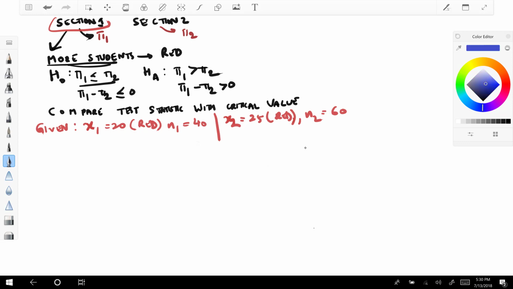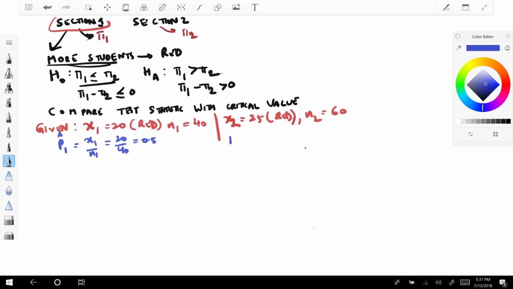So the proportion for sample 1, that is p1 hat, is given by x1 over n1. So that would be 20 over 40, that is 0.5.